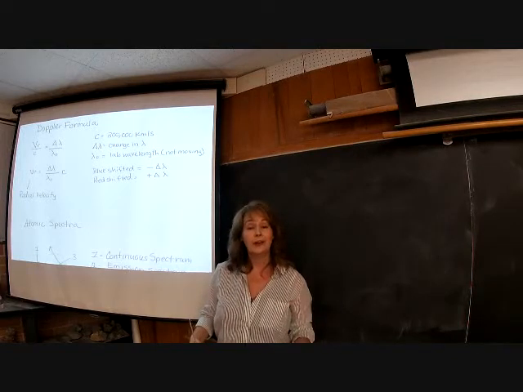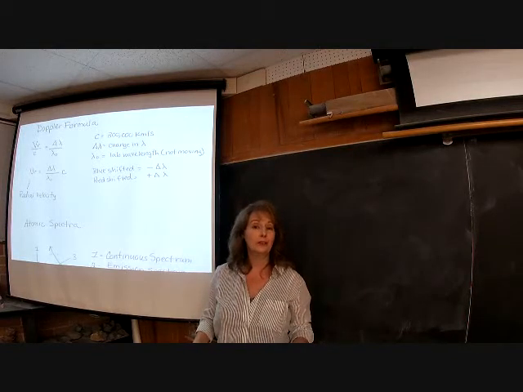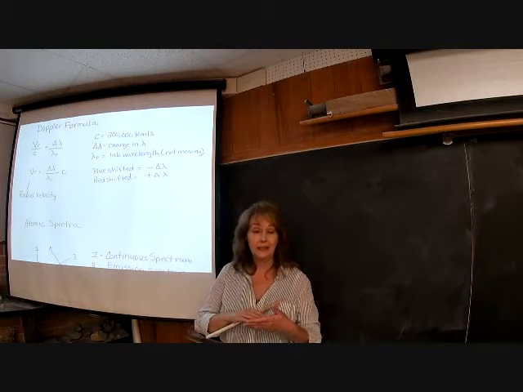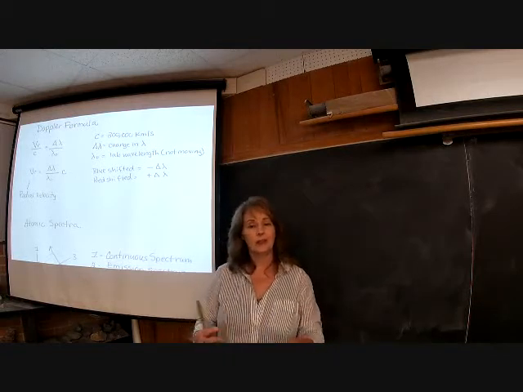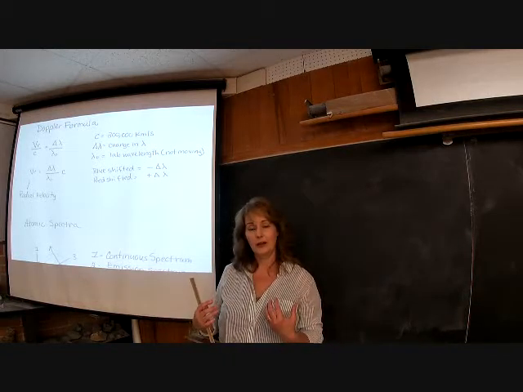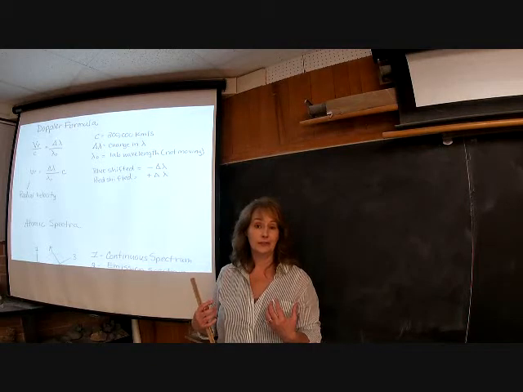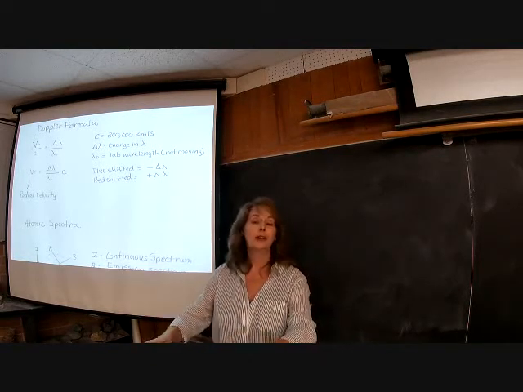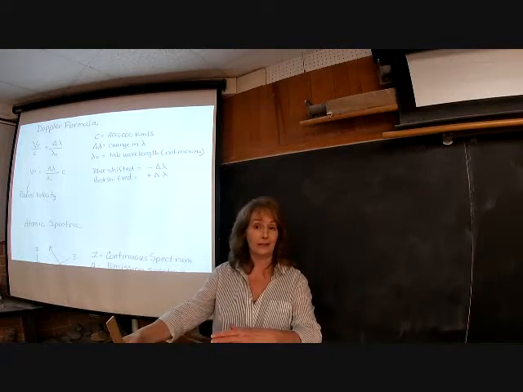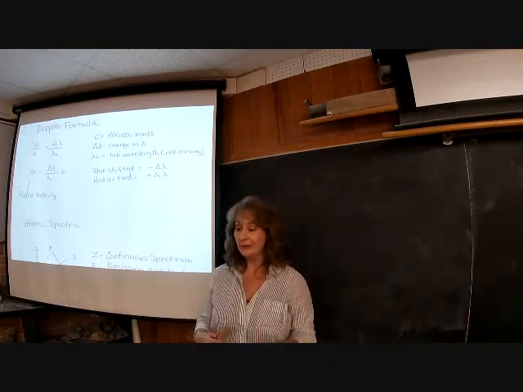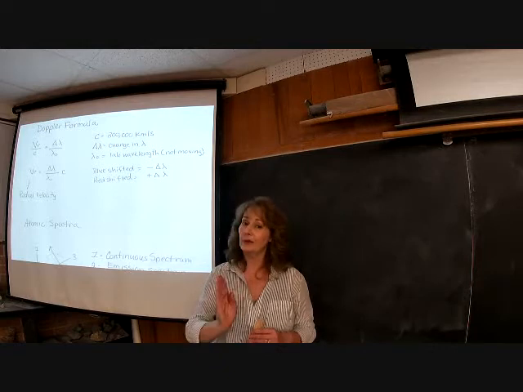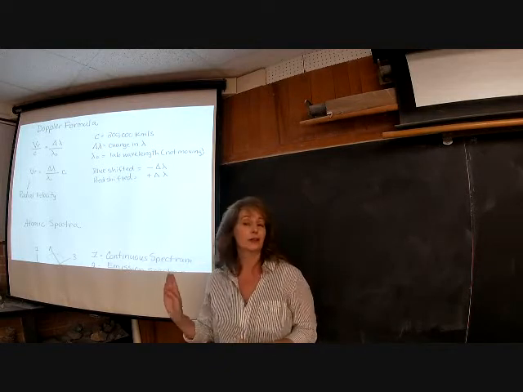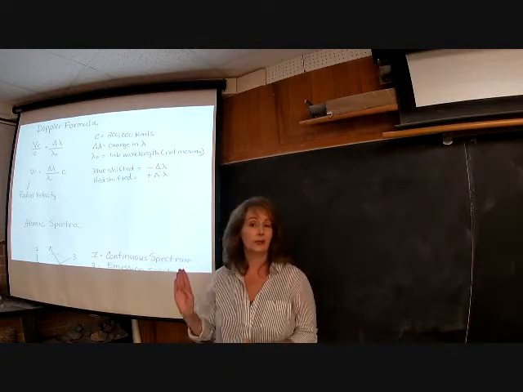So the Doppler effect can tell us something about the radial velocity, the speed of our object, either toward, which would be blue shifted to shorter wavelengths, or away, which would be red shifted to longer wavelengths. And it's only toward or away, it is not transverse, to the right or to the left.